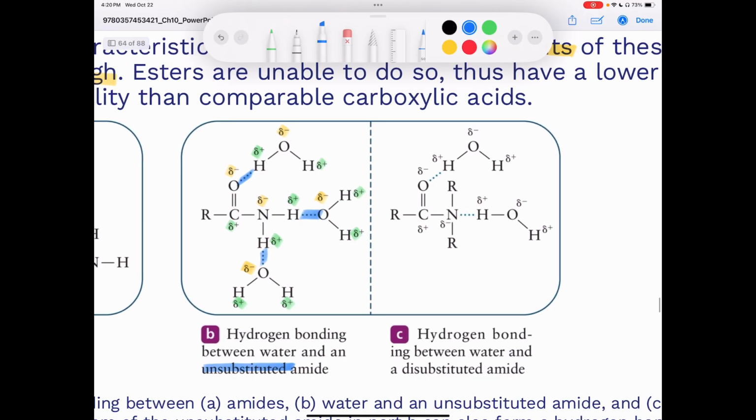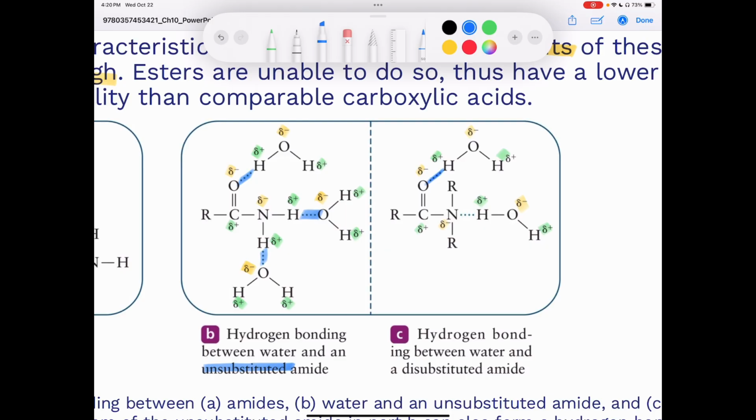Now, in this example, the last one in C, we have a di-substituted amide. What does that mean? It means on our nitrogen, we have two R groups, right? There's no hydrogens attached directly to the nitrogen. But we still have all of our delta minuses on our nitrogen and our oxygen, because these are the most electronegative elements in the periodic table. We still have all of our delta pluses for the same reasons. And there's two hydrogen bonds shown here.